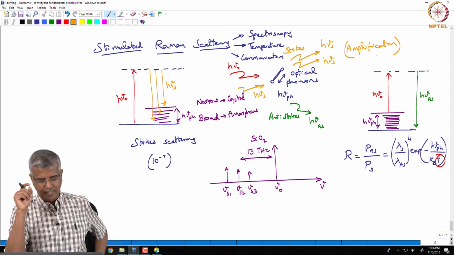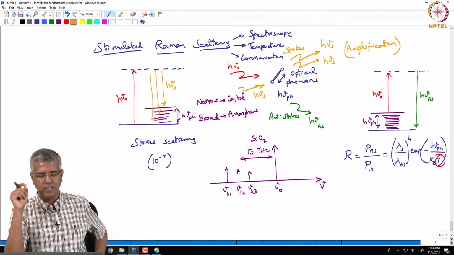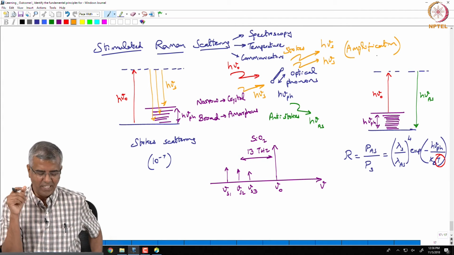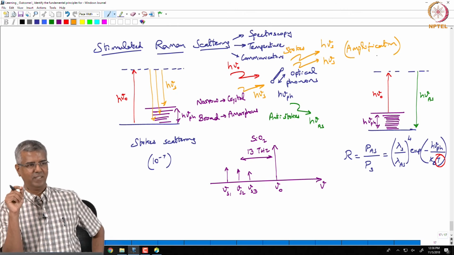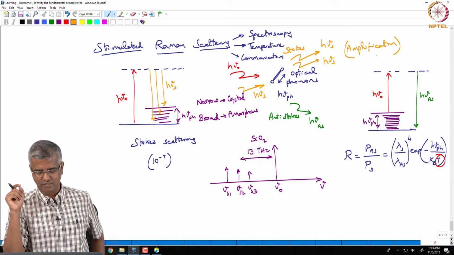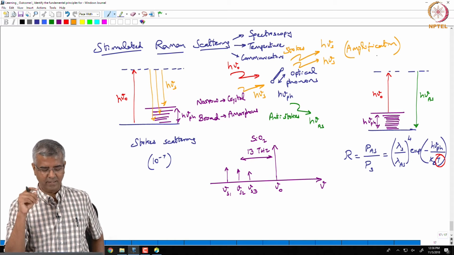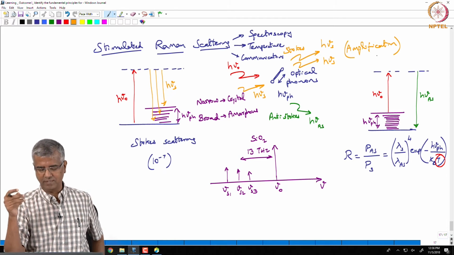Yes, there are basically photons controlling your transitions, and here there are vibrations. That is partially correct, but there is one more important thing, which is key. It's a nonlinear process, right?